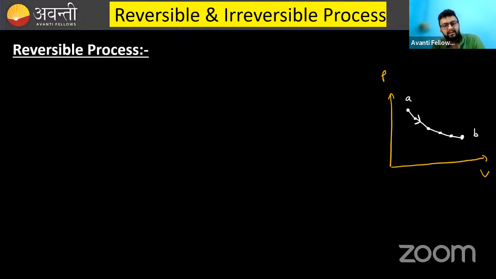Now, if I say just this is the expansion, from A to B, gas is expanding. Now, if I say compress the gas in such a way that while compressing, each of these intermediate states is repeated, then the process is known as reversible process.